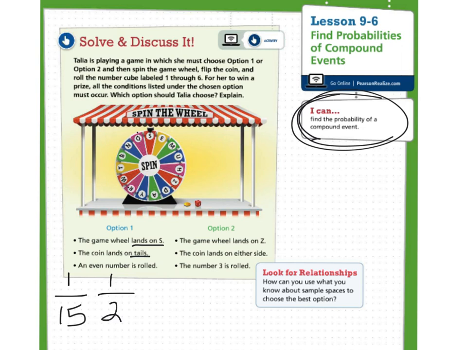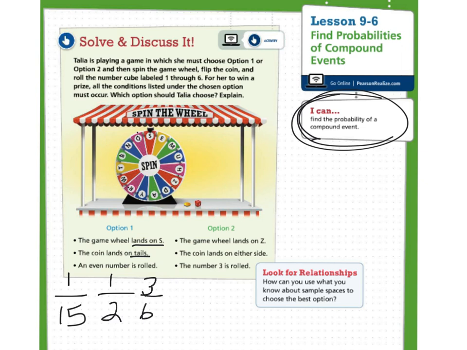And then the third item in option 1 is the number cube, and they want us to roll an even number. Well, on a number cube there are 6 possible outcomes, and 3 of them are even numbers, 2, 4, and 6.